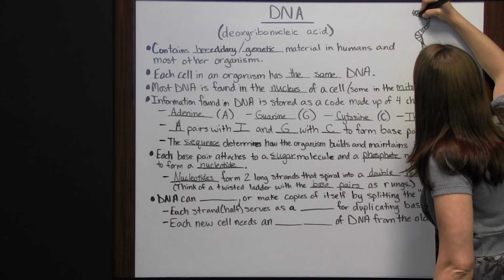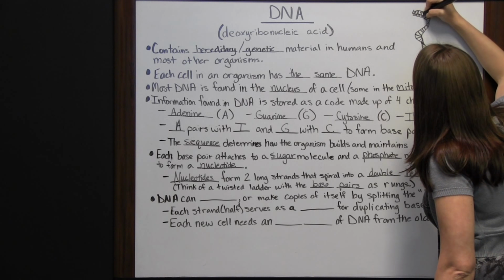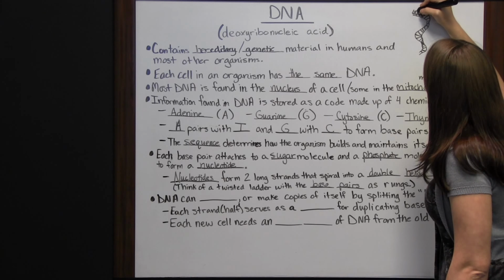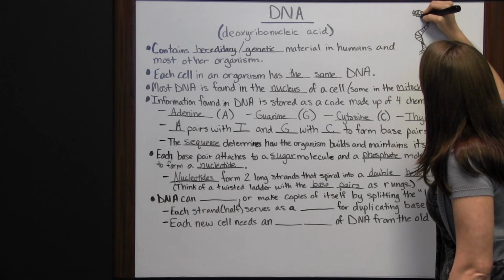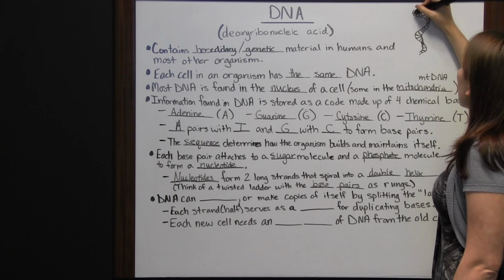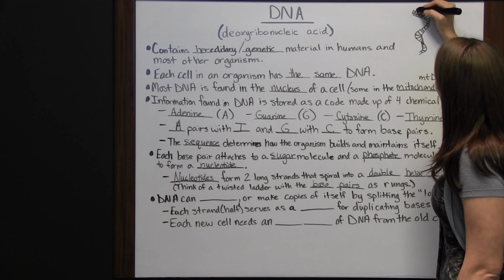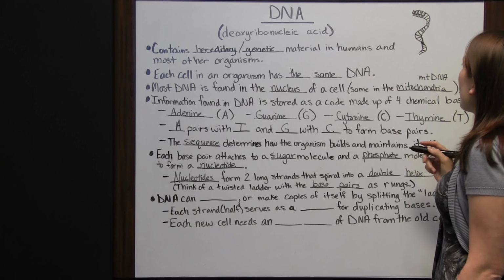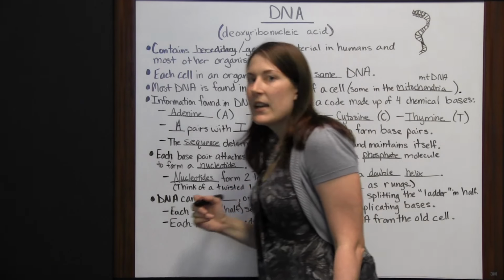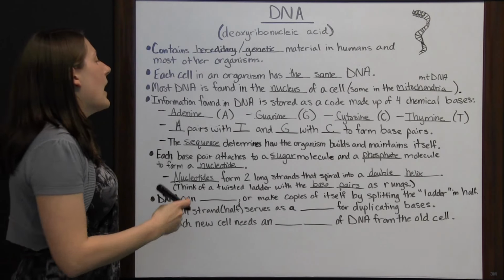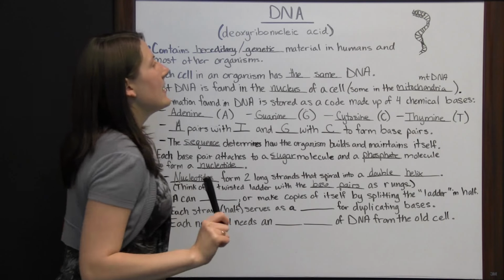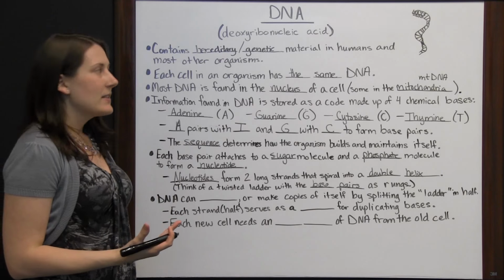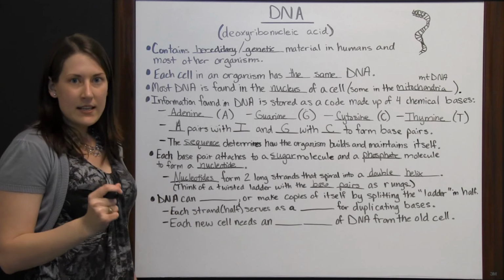And then you would have adenine and thymine, guanine and cytosine, all the way down the ladder, where you've got your sugar molecules and phosphate molecules that bound to your base pairs, making up the sides of the ladder here. And you just have this long DNA chain, and then the sequence that you see is going to let you know how that organism builds and maintains itself, because not every creature's DNA is going to be the same. Everyone has a very unique DNA pattern.